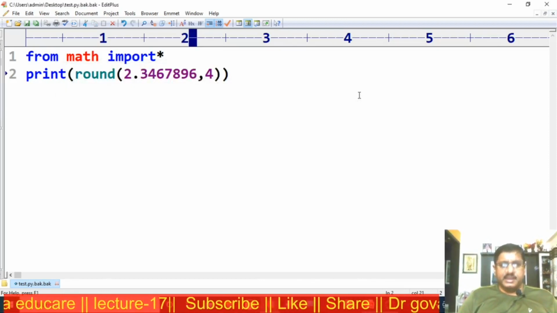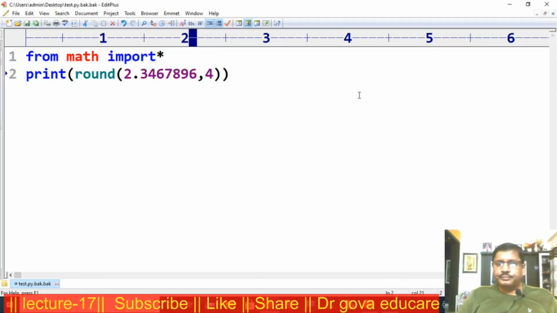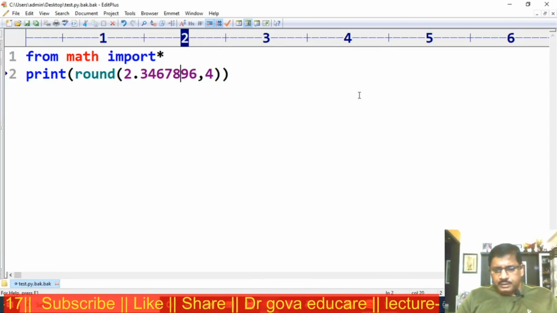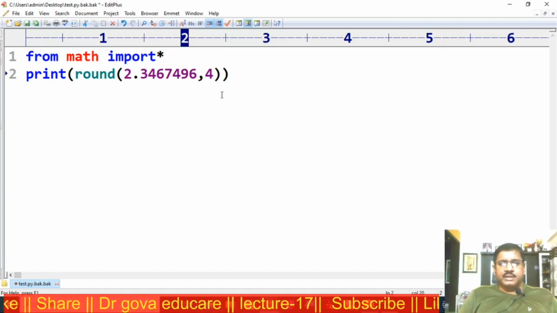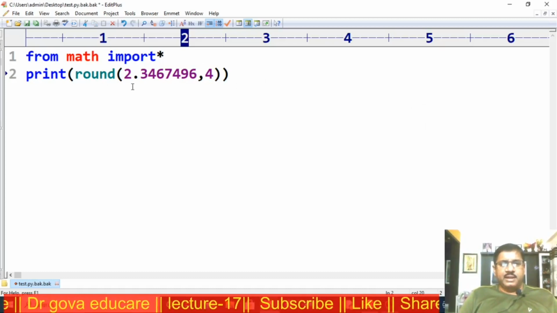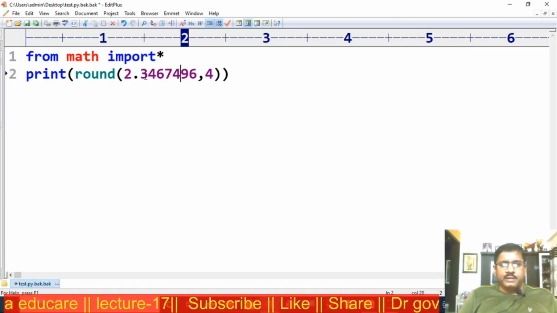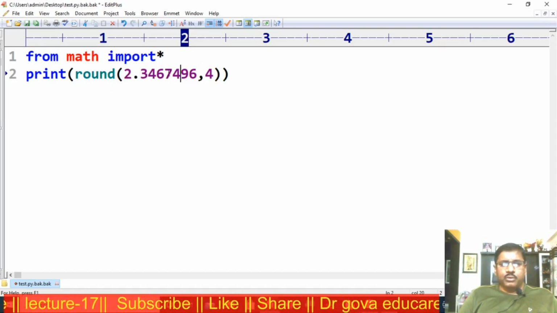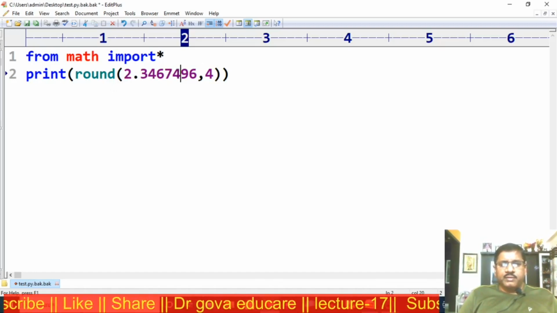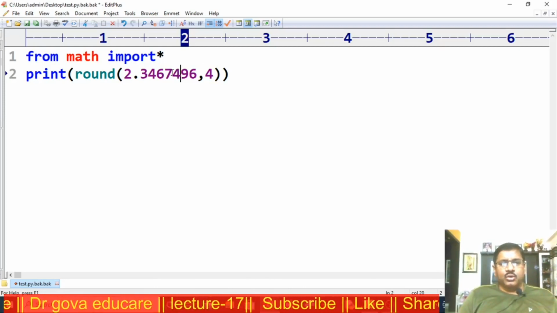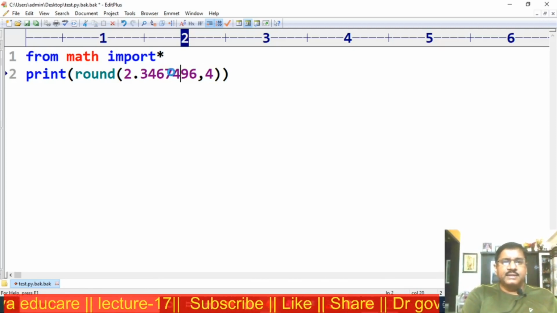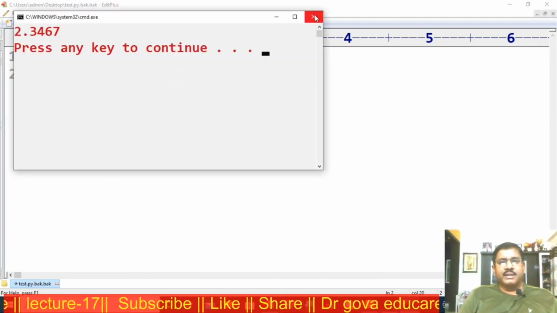Now the same example here, I am putting the 4. I am rounding this number up to 4 decimal places. Now observe this, 2.31234, 7. After 7, the digit is 4, which is less than 5. We get the output 2.3467 only.